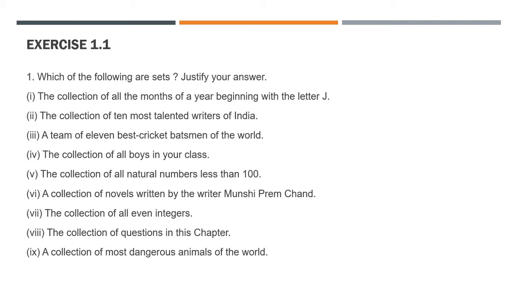And those months which begin with the letter J are January, June and July. So any person who is going to give the answer will give this answer. It does not vary from one person to another. The answer is objective. So this is a set.